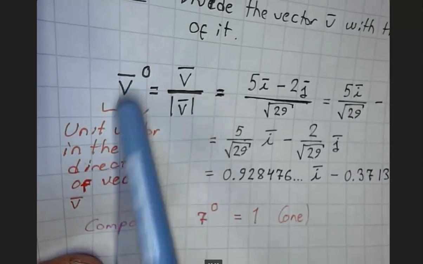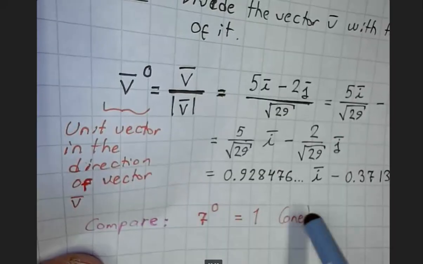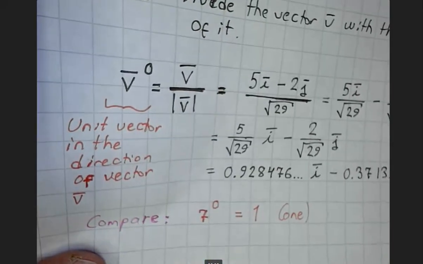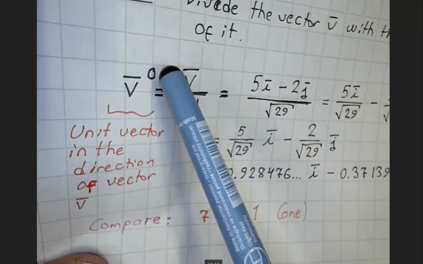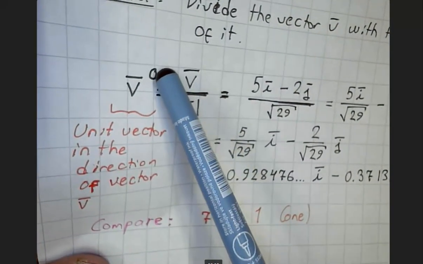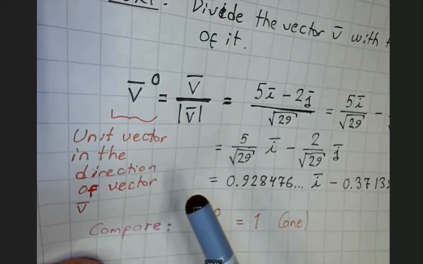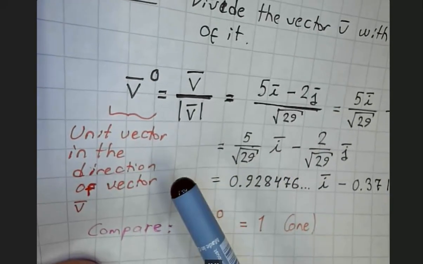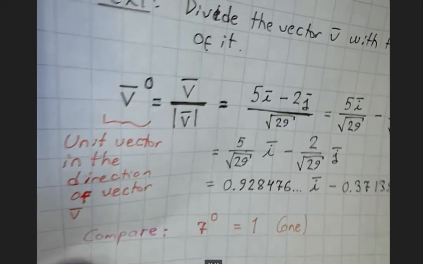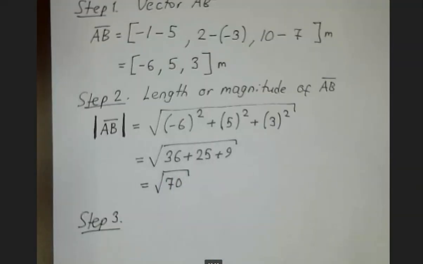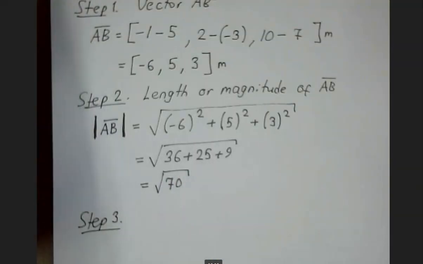So in those lessons we did not write these things, but it is now added. So this unit vector, we use this form that we get the exponent 0 there to express that we are having a unit vector, or the vector which has the same direction as the original vector, but the length of the vector is simply 1.